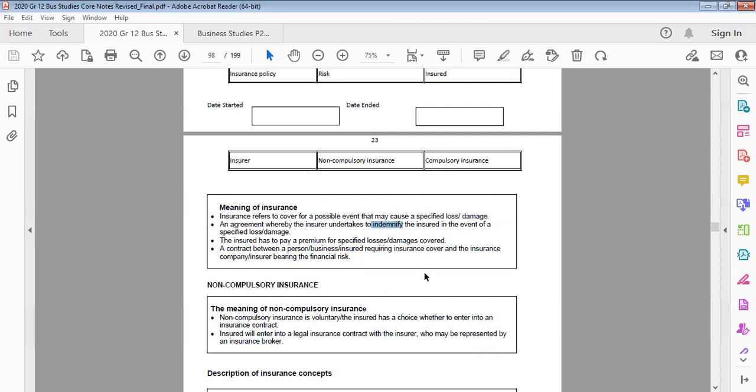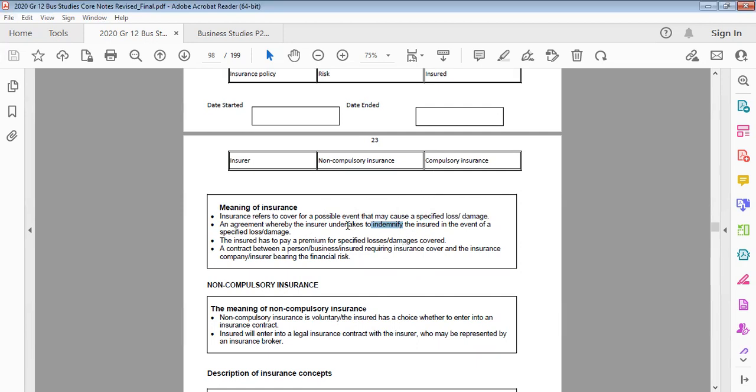Get a nice idea of what the word indemnify means in this chapter, and we will cover some characteristics of indemnity, so you will understand then why the word indemnify is significant to this definition.